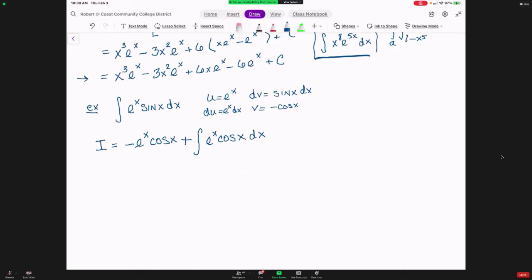Okay, well, we look at the resulting integral and it didn't get better. But then again, things didn't get worse either, right? So maybe we can try it again here. We'll do parts on this leftover piece.